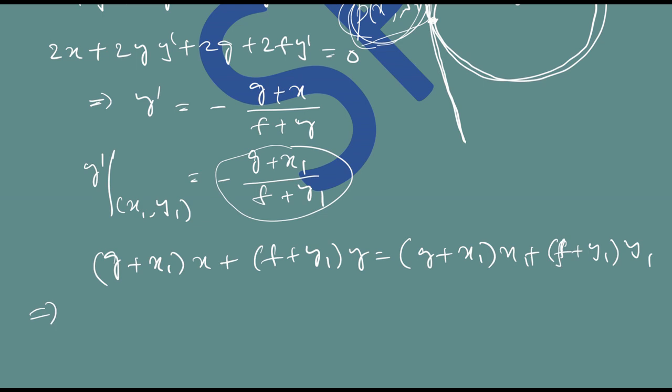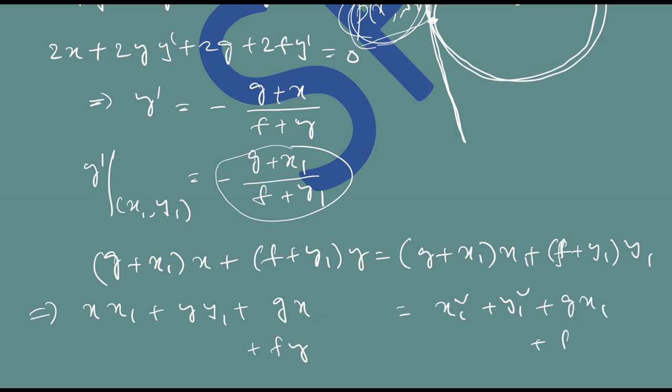Now I simplify this. I want you to observe, I am getting xx1 plus yy1 plus gx plus fy is equal to, what am I getting on the right hand side? I have x1 square plus y1 square plus gx1 plus fy1.